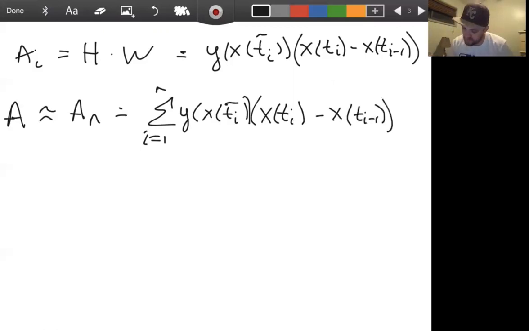We can get this into a format that's going to closely resemble a derivative by multiplying the top and the bottom of this sum by our change in t, right? So delta t, our change in t, is ti minus ti minus 1, right?